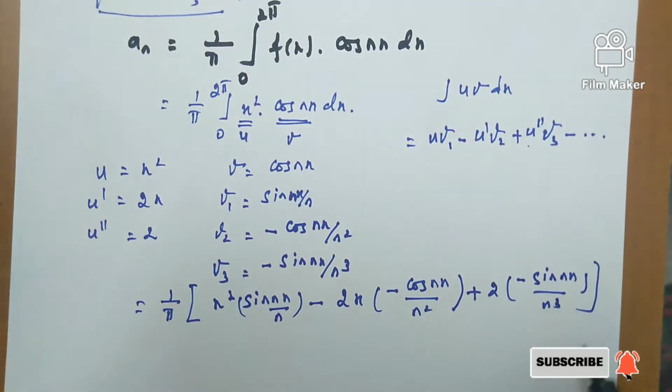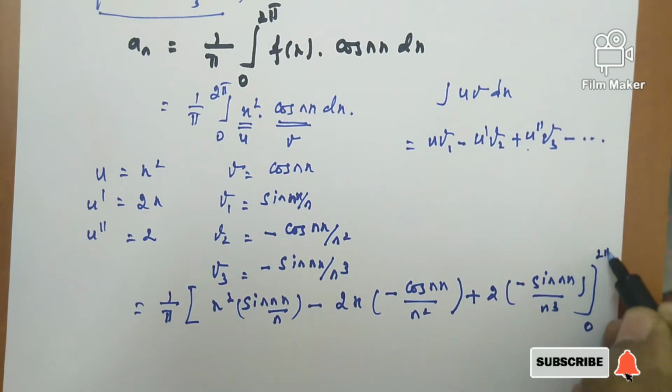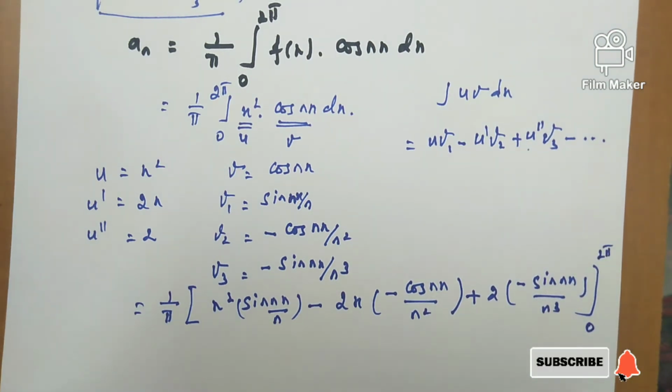Here what is the limit? The limit is integral 0 to 2 pi. So before applying the limit, you have to remember that for sin with the limit 0 to 2 pi, multiples of sin pi are always 0: sin pi, sin 2 pi, sin 3 pi. So before applying the limit, just look at the terms.